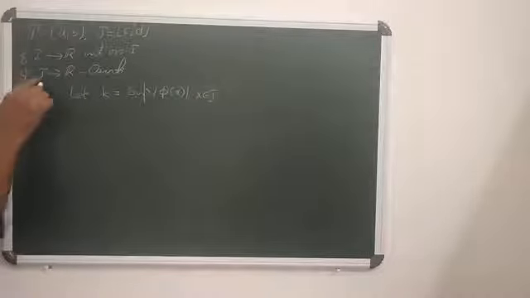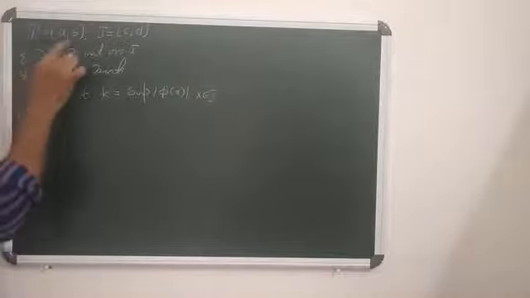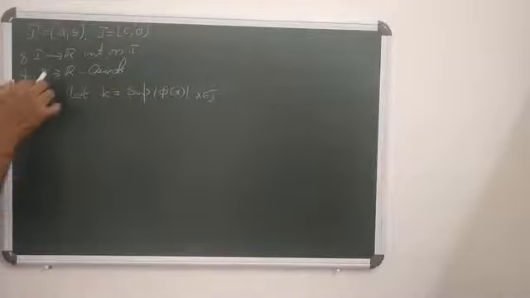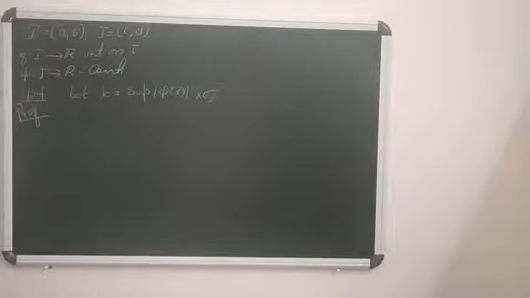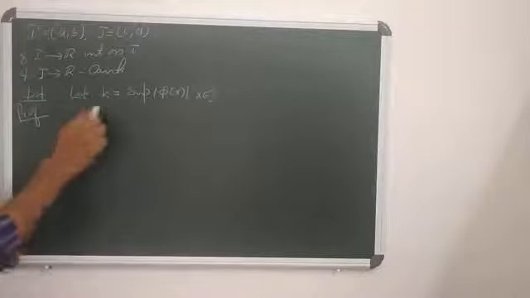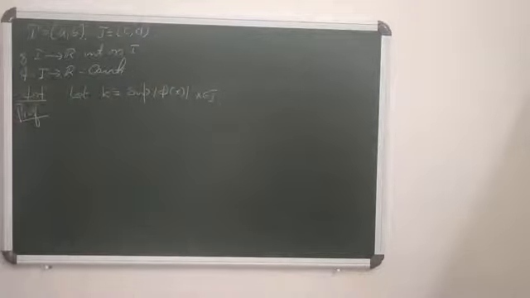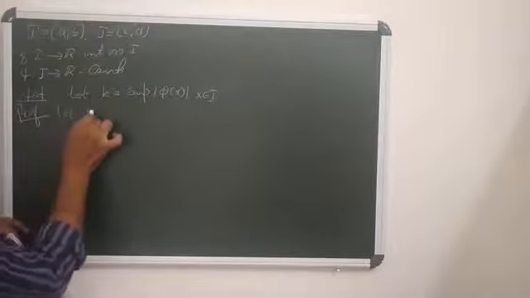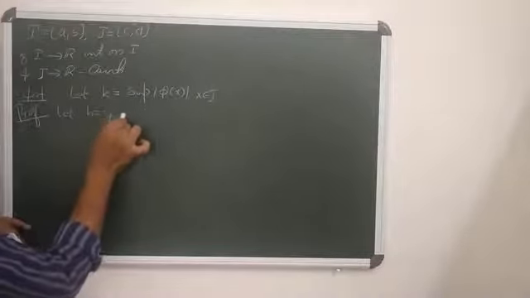Phi is defined from J to R, where J is the closed interval [c, d]. So phi from J to R is a continuous function. Let k equal the supremum of modulus phi of x, where x is in J. Let h equal phi composition f.